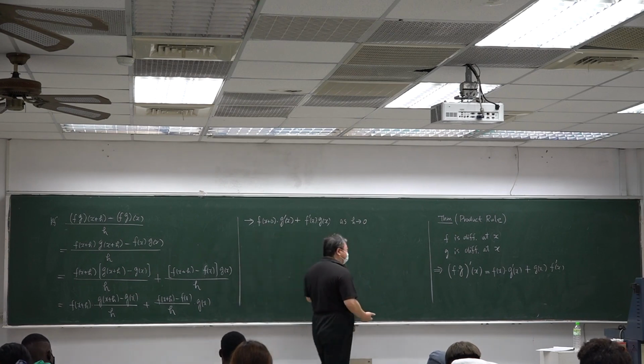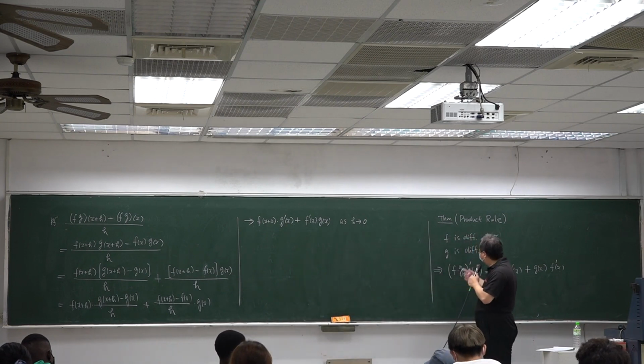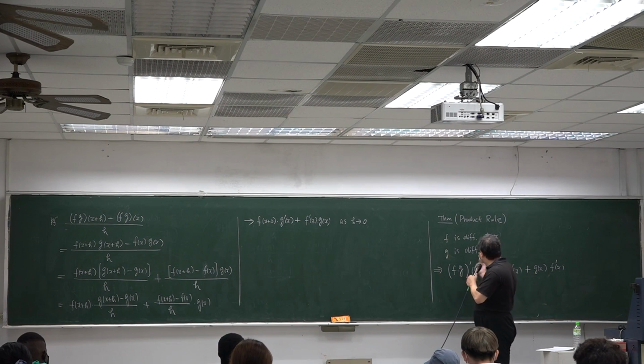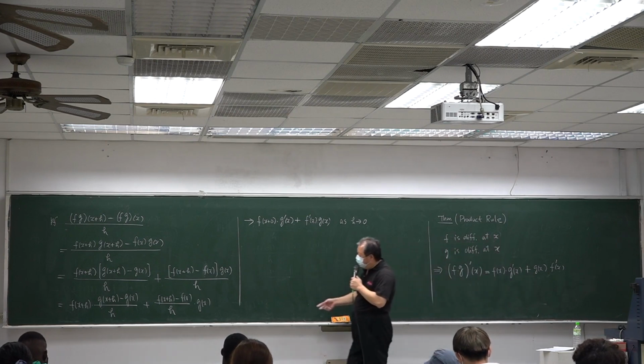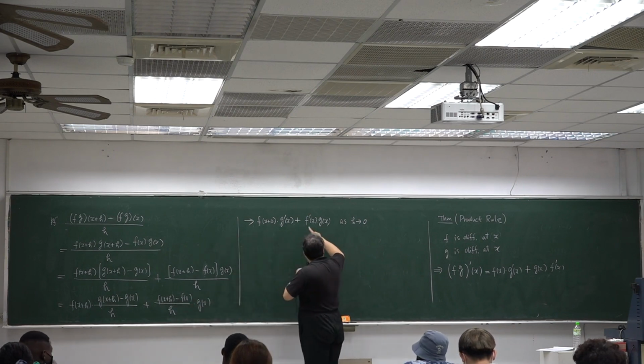Also, for the function f, around x, g is almost g of x, like c times f, the rate of change is c times f prime of x.